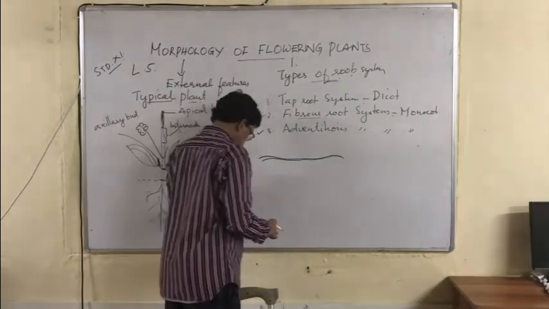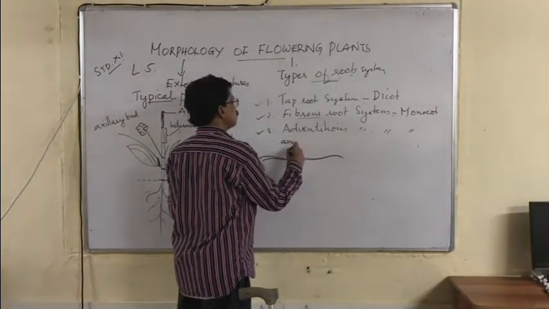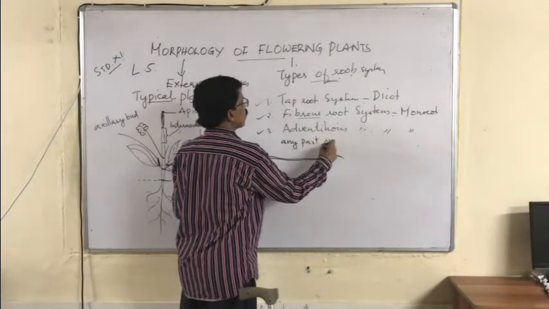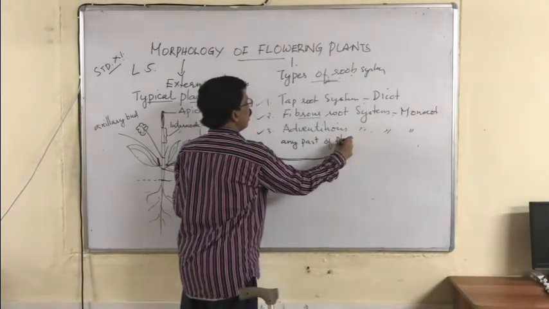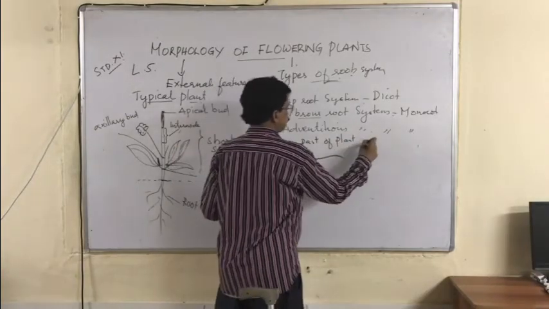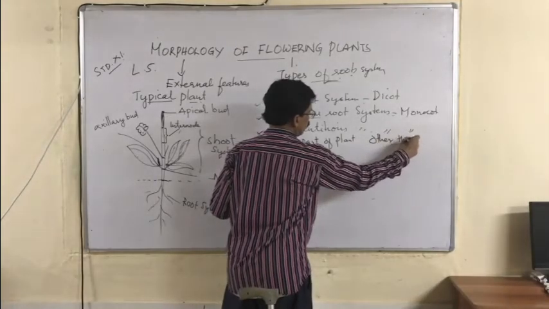What is the adventitious root system? Root formed from any part of the plant other than the radicle. The radicle is not at all involved.